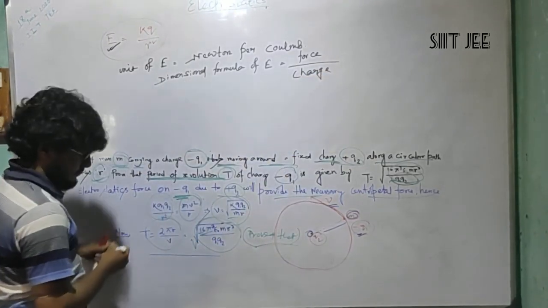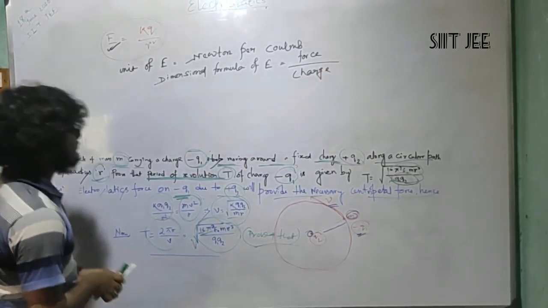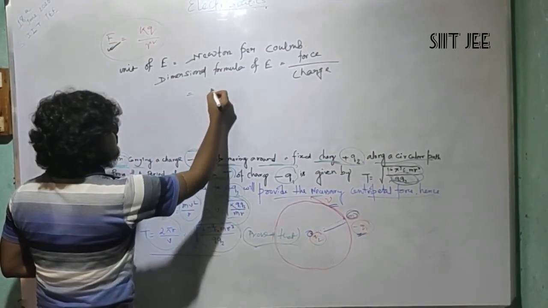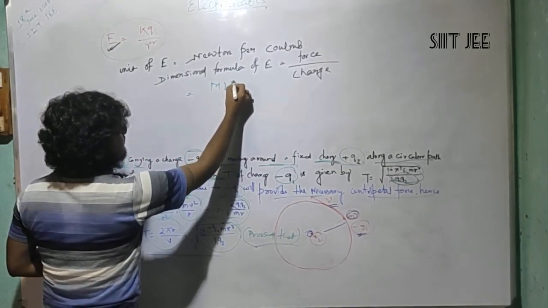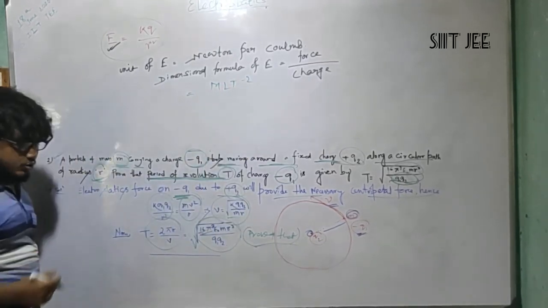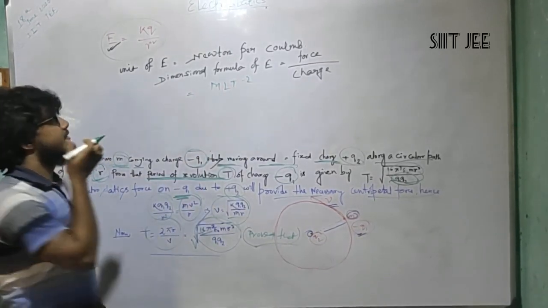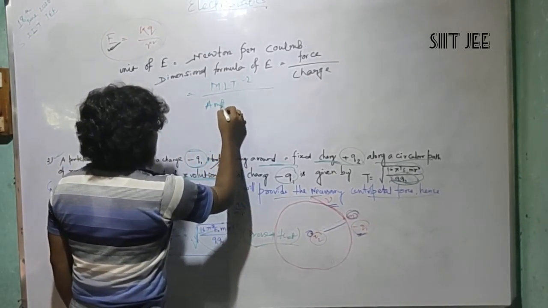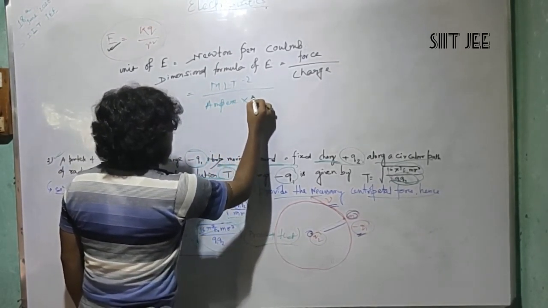Force is M L T to the power minus 2, and charge is equal to ampere into time.